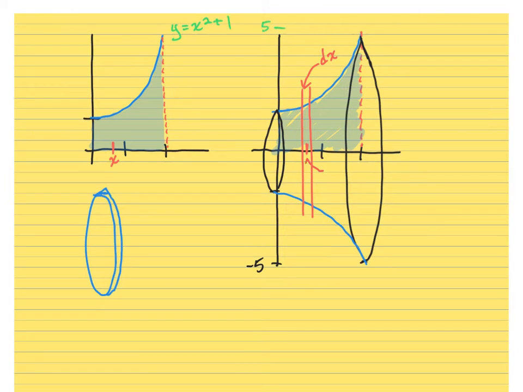Remember, this was x where we made the slice. So in order to find the volume of a shape like this, if you want to think of it, it's a really short can, a cylinder, right? The reason I bring that up is because we have a nice, neat formula for the volume of a cylinder. It's pi r squared h, right?